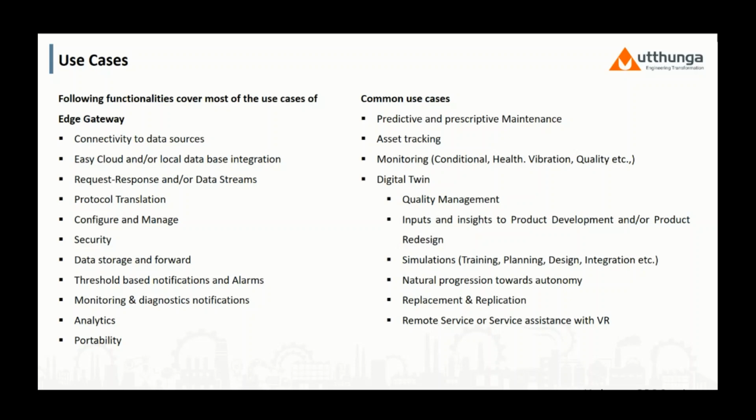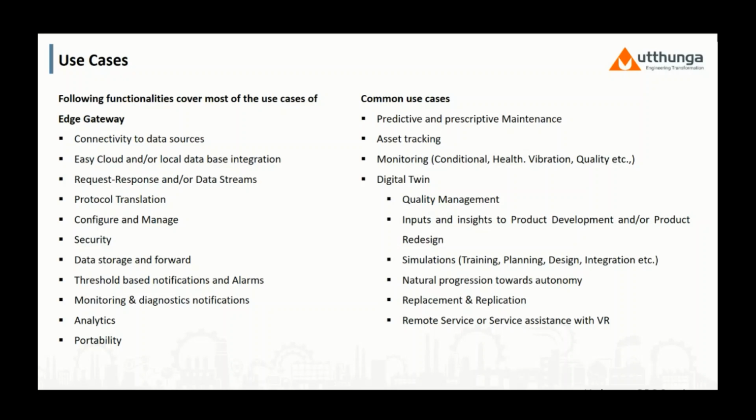First thing is quality management, and then based on the different inputs and deductions made from the data collected by this digital twin, you can get ideas for new product development, or for fixing or enhancing the existing product itself with new variants.